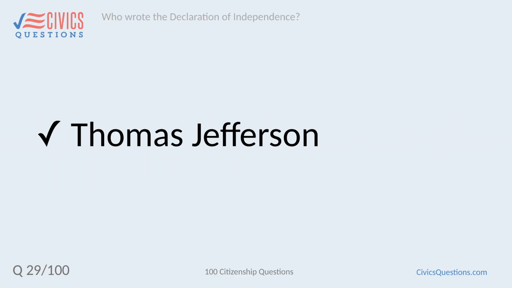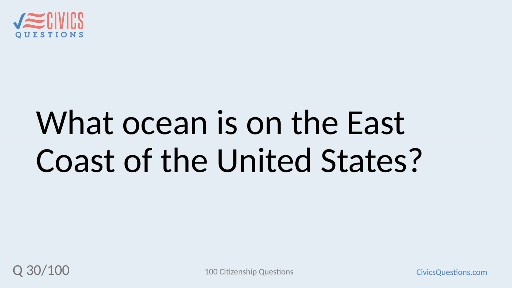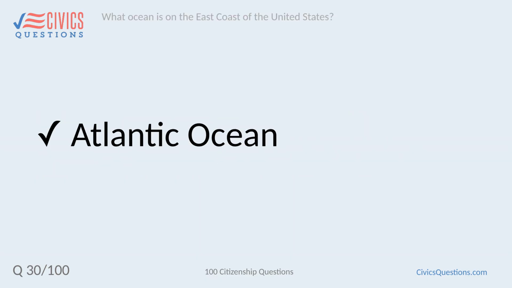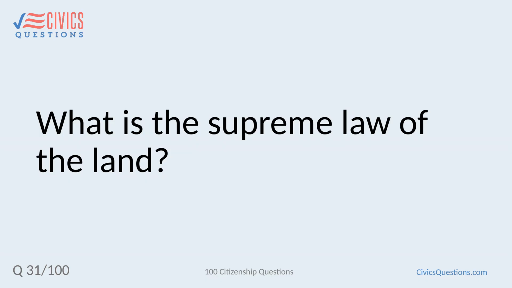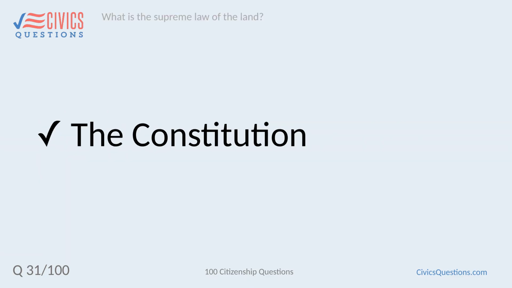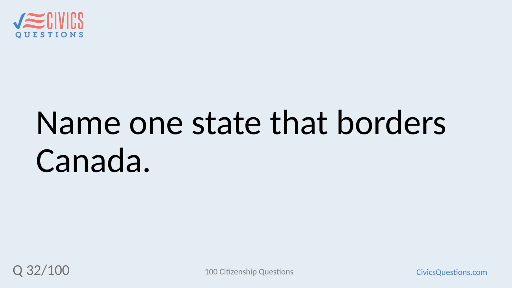Thomas Jefferson. What ocean is on the east coast of the United States? Atlantic Ocean. What is the supreme law of the land? The Constitution. Name one state that borders Canada.